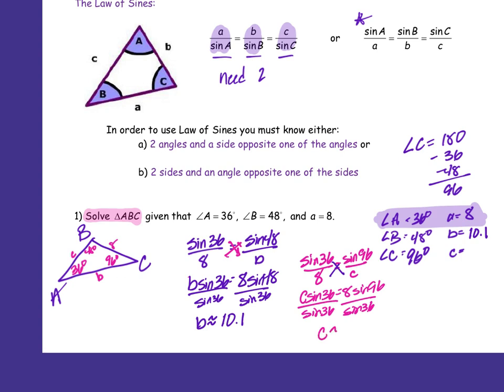And I get C is approximately equal to, and I'm going to put it into my calculator again. So I get parenthesis 8 times the sine of 96, close my parenthesis, divided by sine of 36.